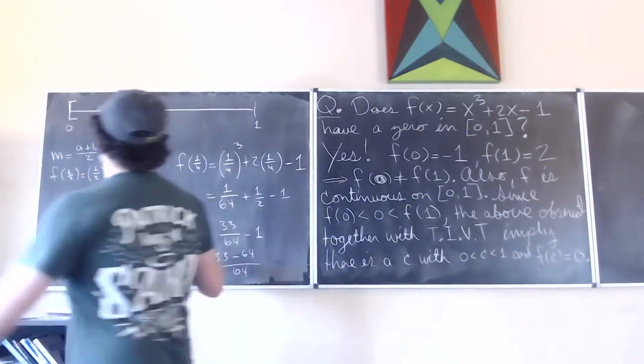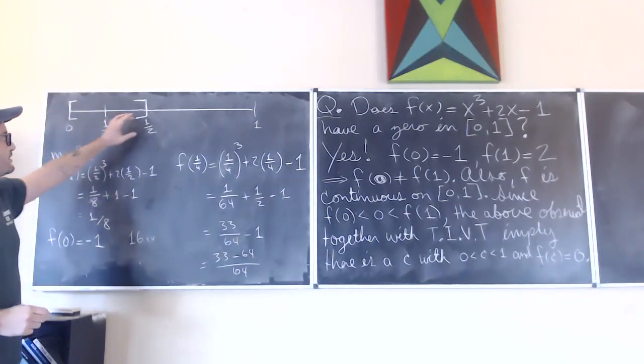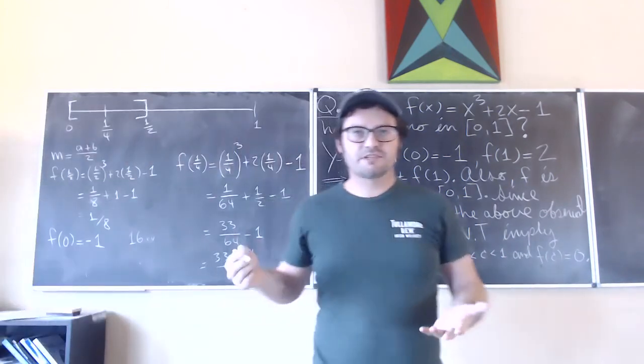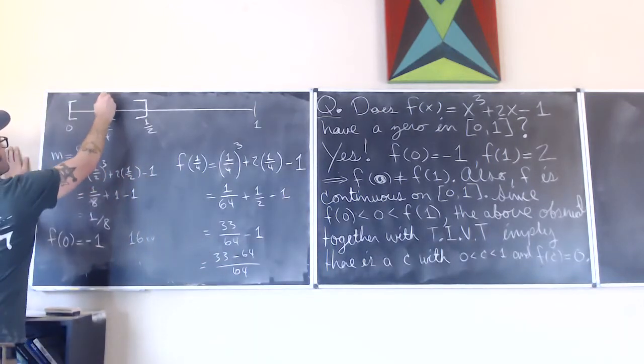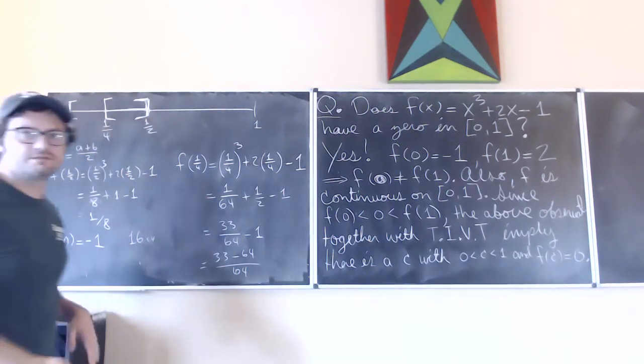So now I know that at a fourth, f is negative there, f is positive there. So now what interval do I need to look at? That interval, right?